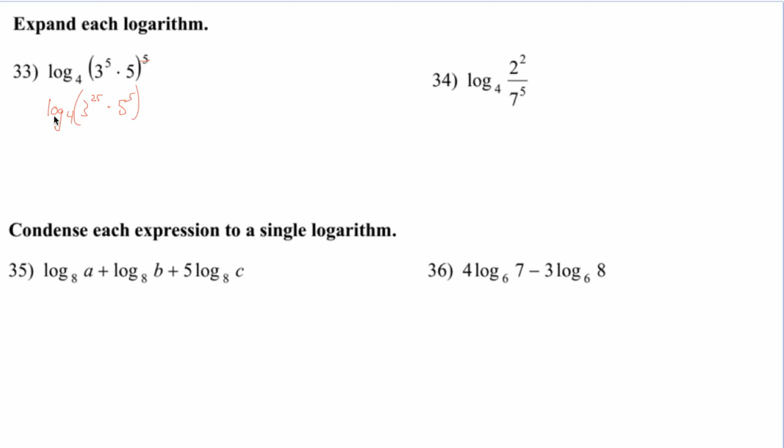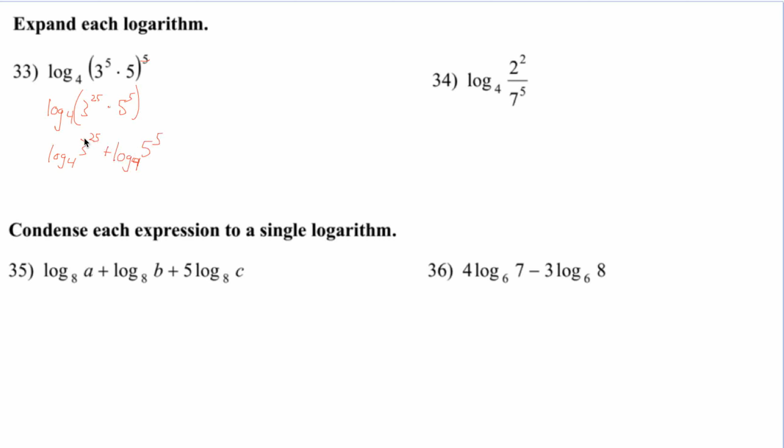But now we can look at the rule of logarithms, and we have a logarithm of a product. We can split that up into 2 individual logarithms that are added together. So 3 to the 25th. When multiplying, we can change it to addition of log base 4 of 5 to the 5th.